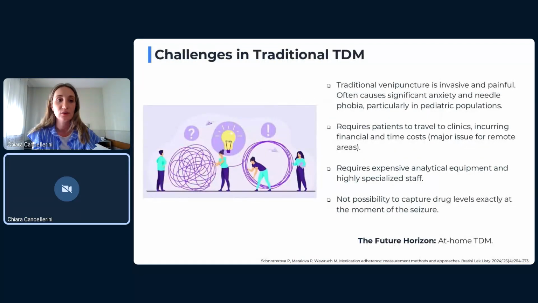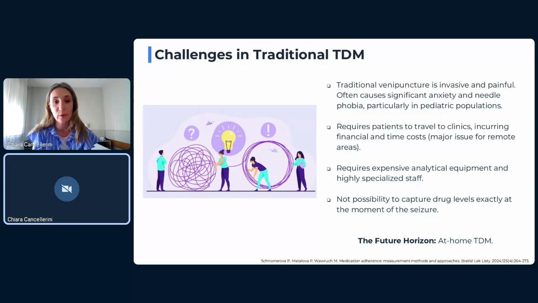So what are the challenges in TDM? Of course, we have some clinical and logistical challenges. First, there is the issue of invasiveness. Traditional venipuncture can be painful and induce anxiety or needle phobia.